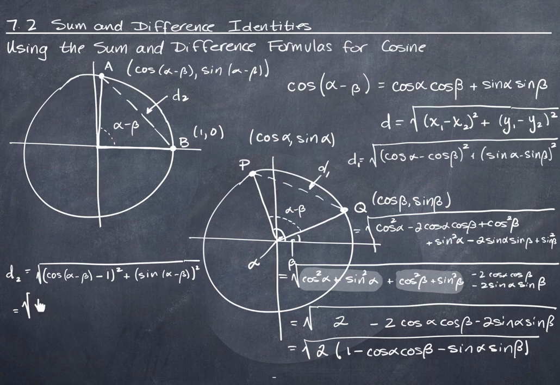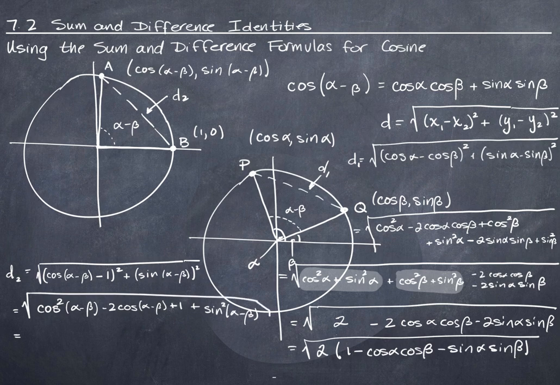And that works out to cosine squared of alpha minus beta, minus 2 times cosine of alpha minus beta, plus 1 plus the sine squared of alpha minus beta. That's still all under my square root there.